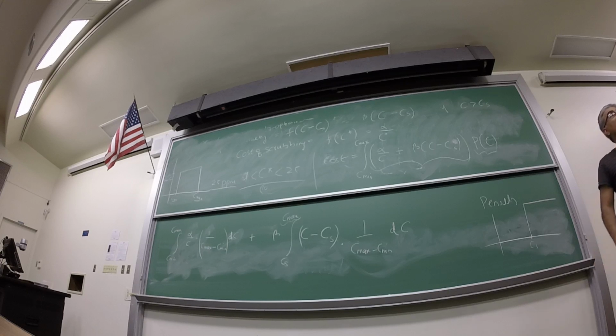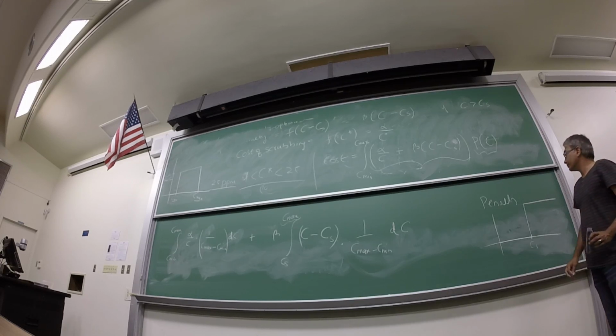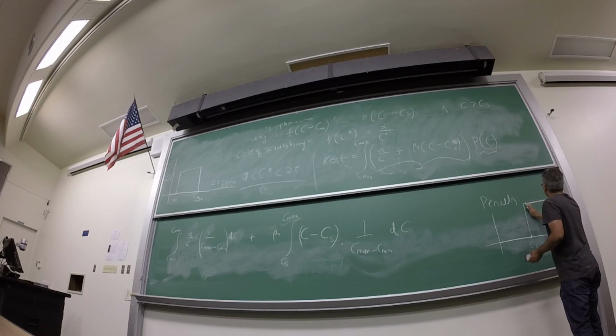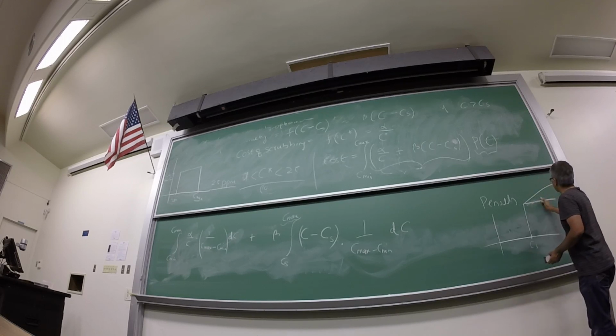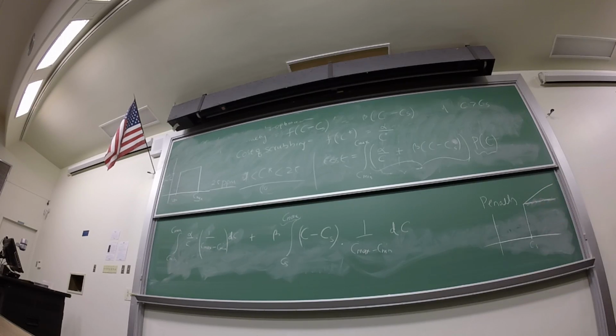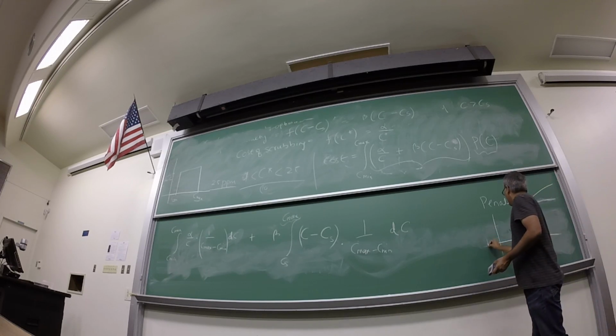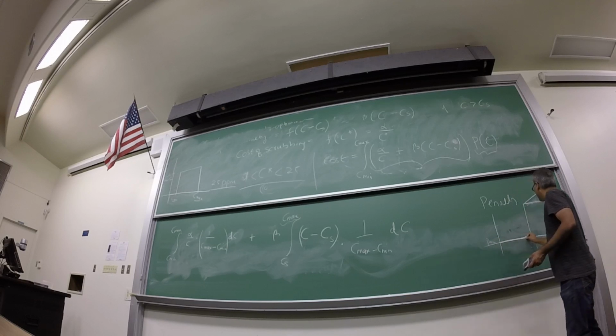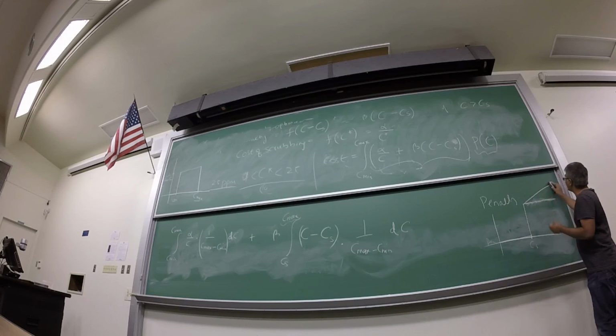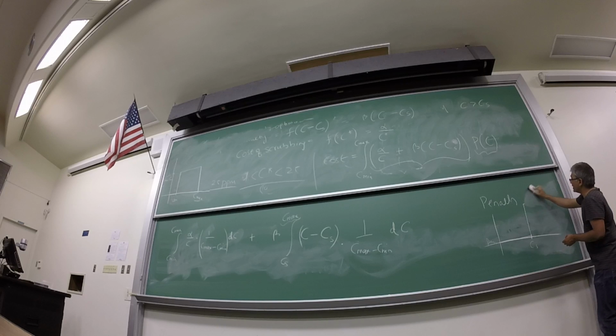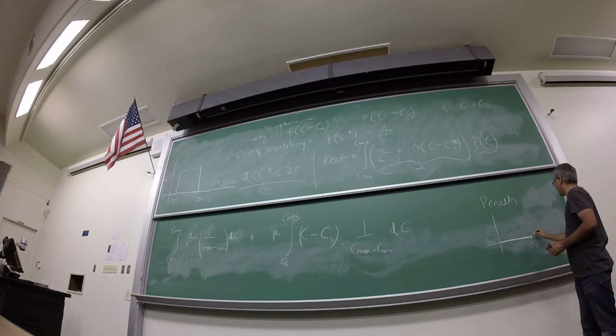Yeah, it is linear. It should start at 0 at Cs and then go linear from there. There shouldn't be a step. The penalty is 0 for C less than C star. Well, yeah, based on this function, it should be.